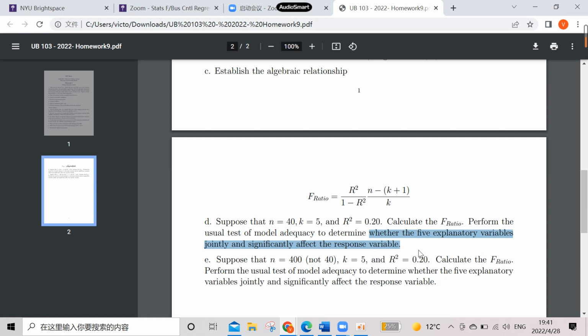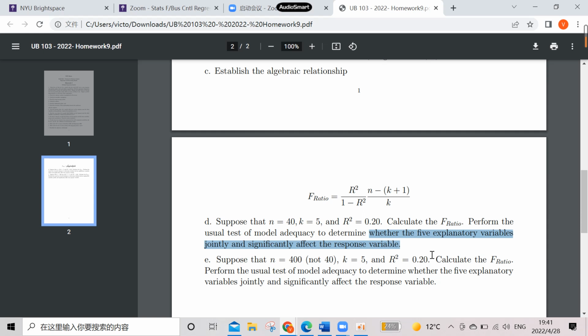Whether it's good to use 5 predictors, compared with 0 parameters. Is it good to use 5 parameters, or just to say those 5 parameters have no economic or statistical interest in the regression model? In other words, the betas for those 5 parameters are all 0. That's the null hypothesis of the last question.